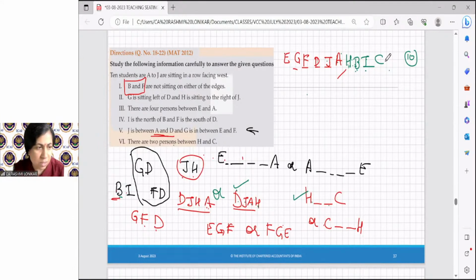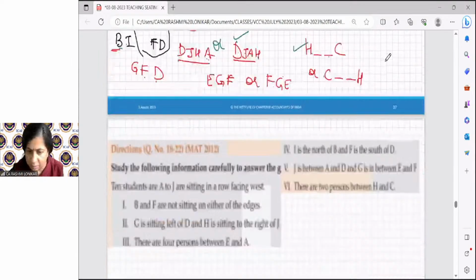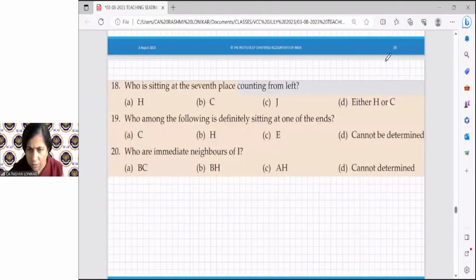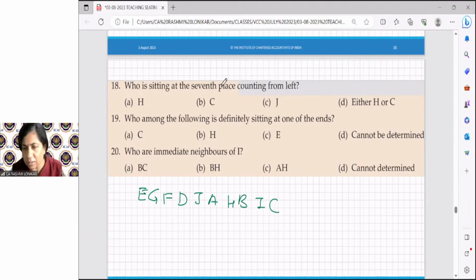So E, G, F, D, J, A, H, B, I, C. I will just write it here. E, G, F, D, J, A, H, B, I, C. Who is sitting in the 7th place, counting from the left? 1, 2, 3, 4, 5, 6, 7.